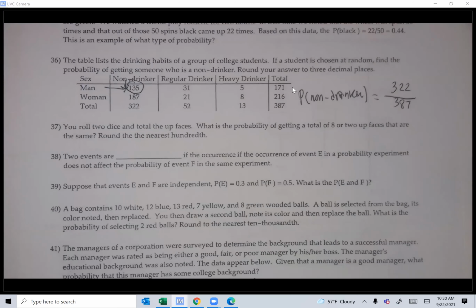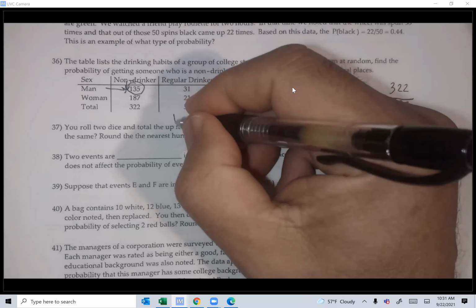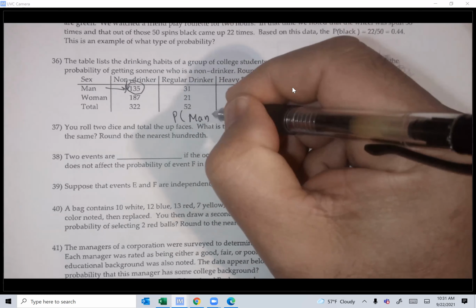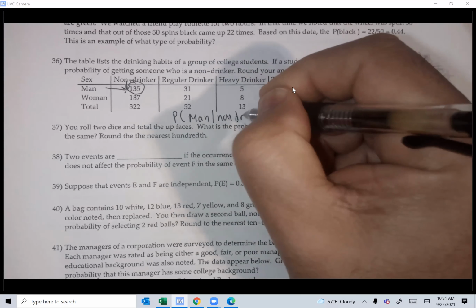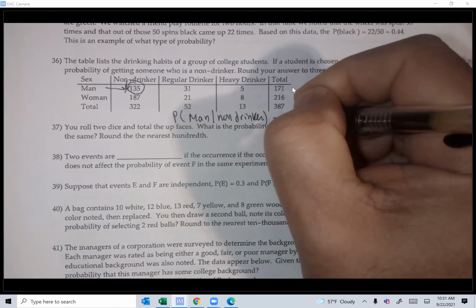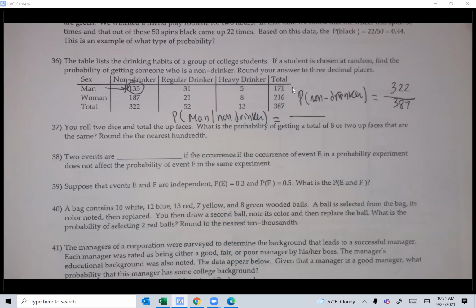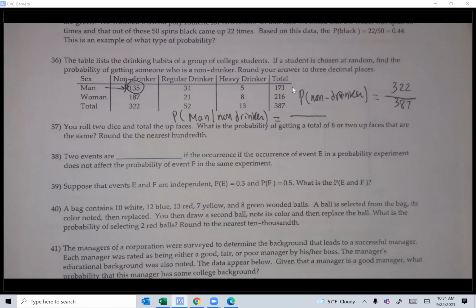Let's ask another question here, which is conditional probability. What is the probability of selecting someone who is a man given that he is a non-drinker? What goes in the denominator? 322.